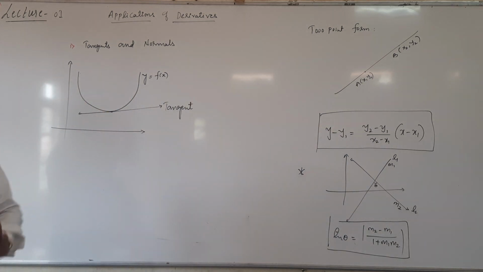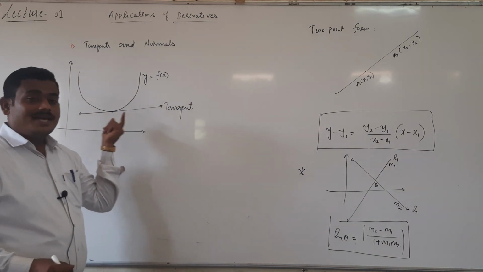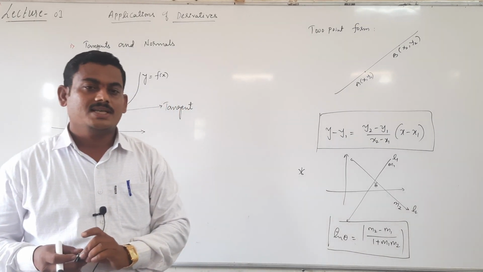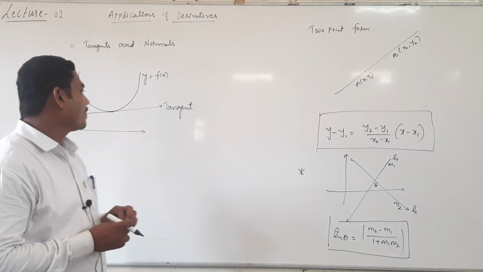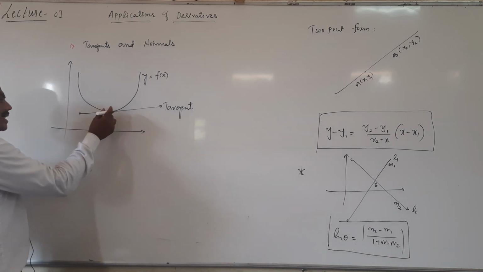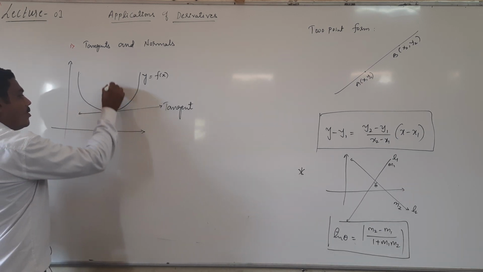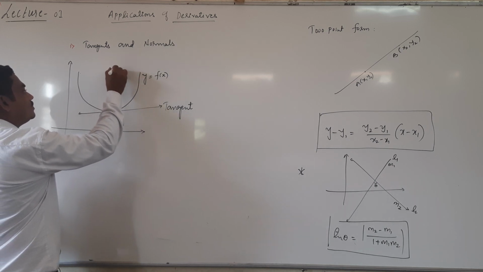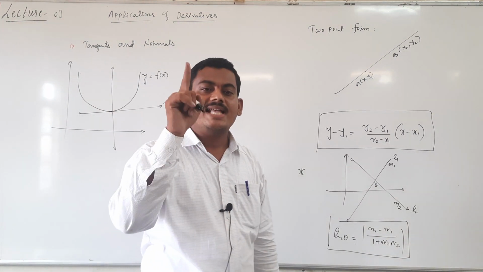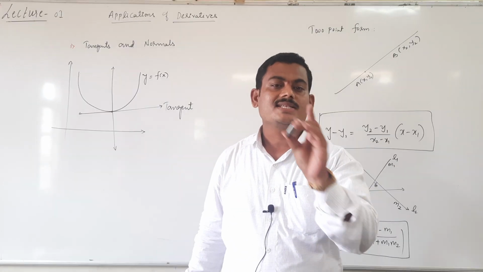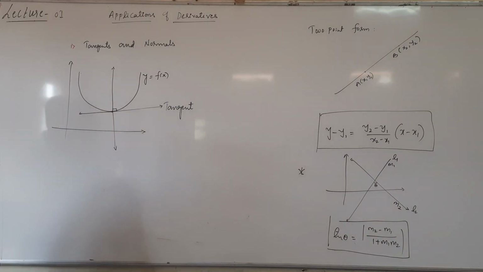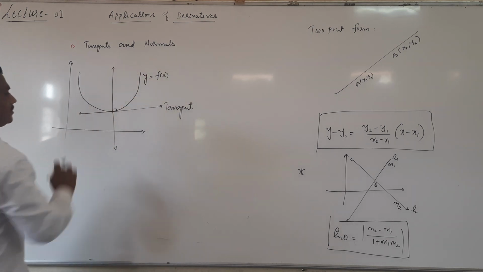Tangent means it is a line only. A straight line touches the curve exactly at one point is known as tangent line. And a straight line perpendicular to the tangent to the curve is known as normal line. This is our normal line. Clearly it is perpendicular, right?